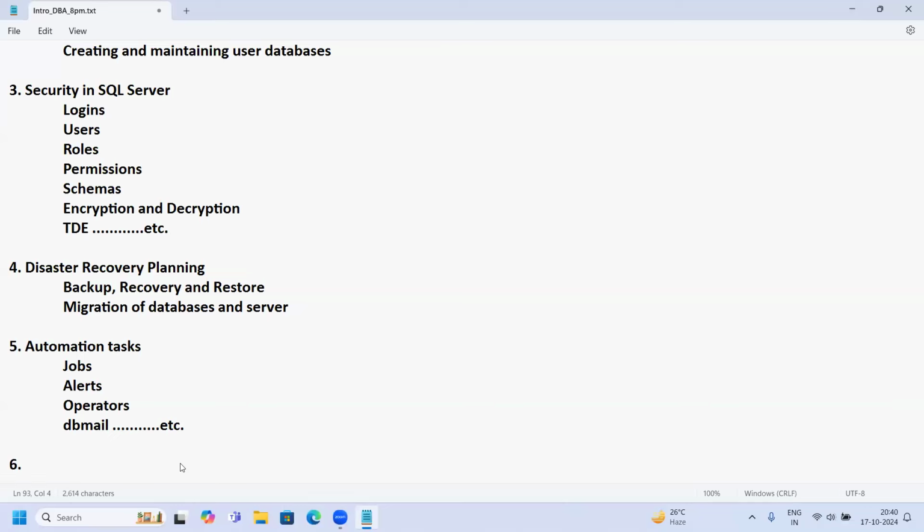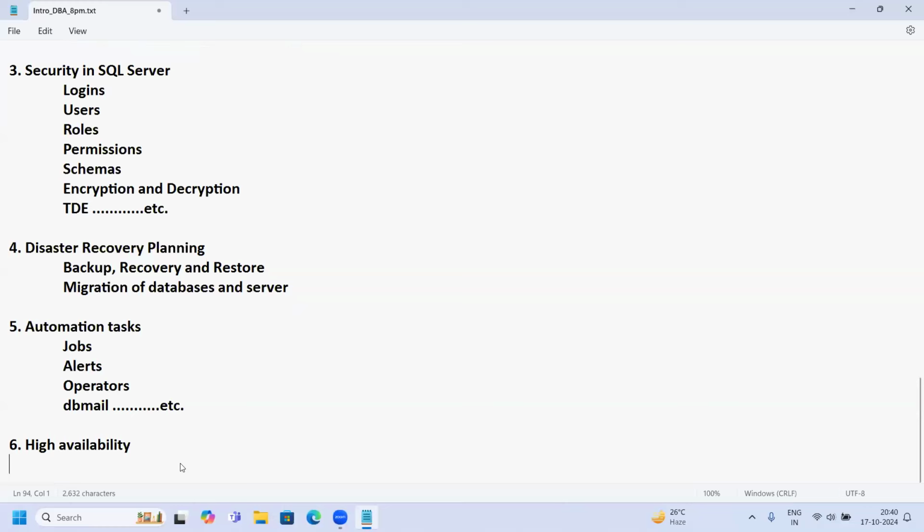After completion of this automation task, then you go with high availability. In that high availability, these all are part. What are they?